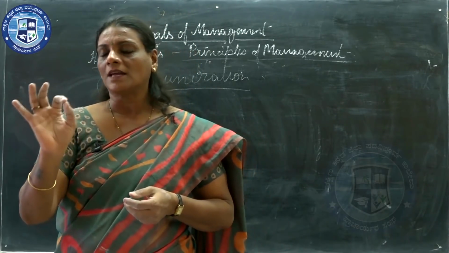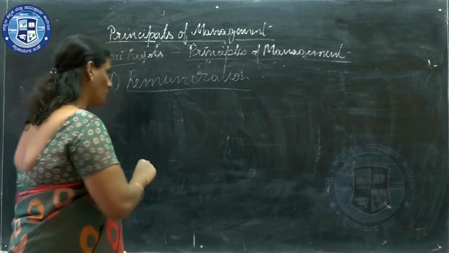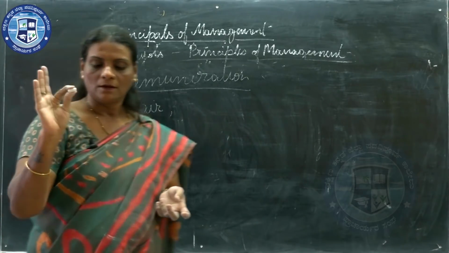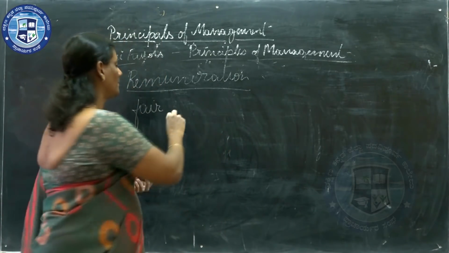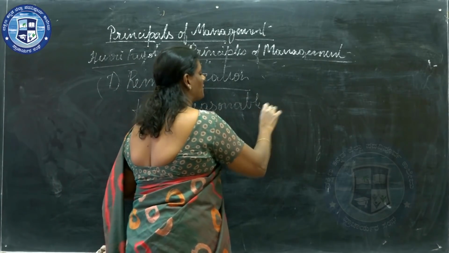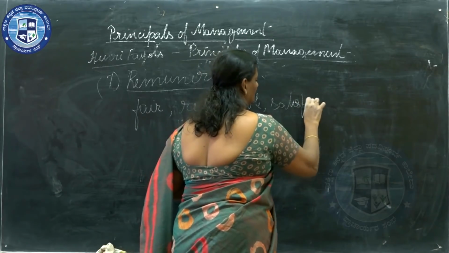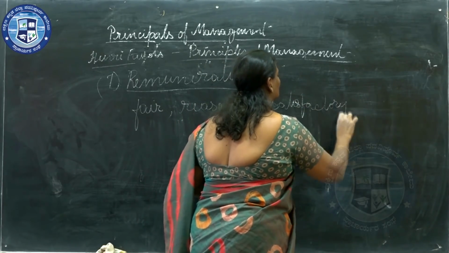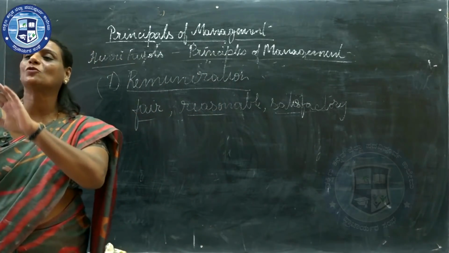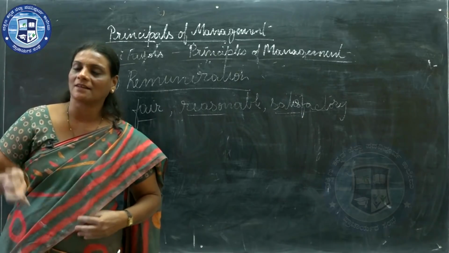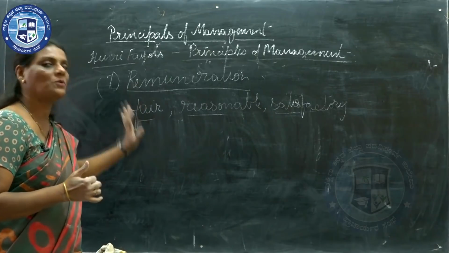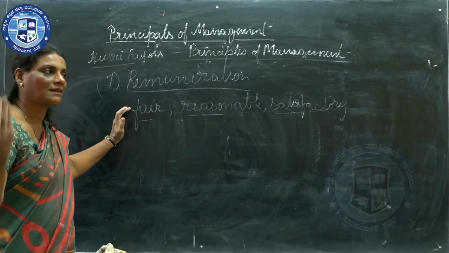So, here remuneration of the employees should be fair. First, you have to focus on it being fair, reasonable, and satisfactory. So, these things have to be taken into consideration. One is, it has to be as per the existing rate, whether the employee or the worker is getting his pay, the remuneration in return for the work rendered by him.